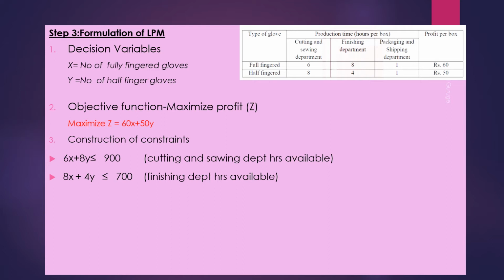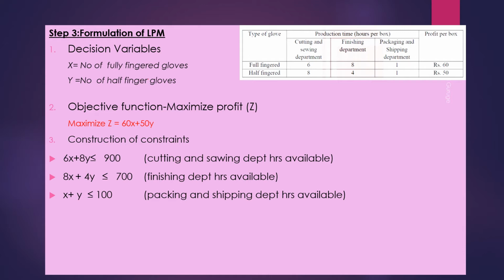Now let's focus on the final one, the packaging and shipping department. In the packaging and shipping department, both products need 1 hour. However, the time is limited. They only have 100 hours available in the packing and shipping department.